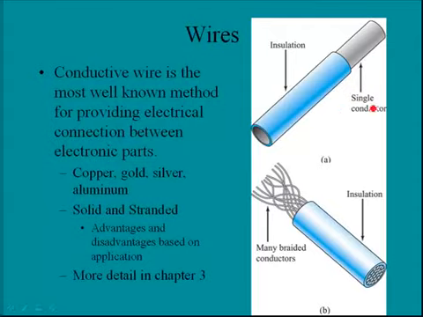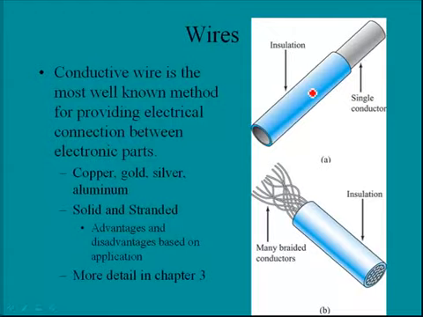You notice here we have a single conductor, and it is a piece of solid metal, wrapped with insulation. And then this lower wire, similar with the insulation, except that we have strands, many braided conductors here, rather than this single core conductor.